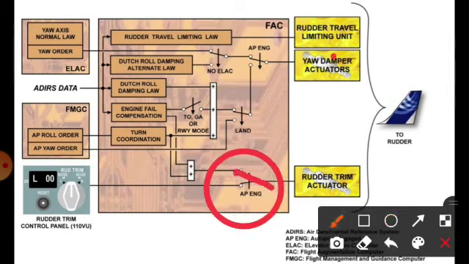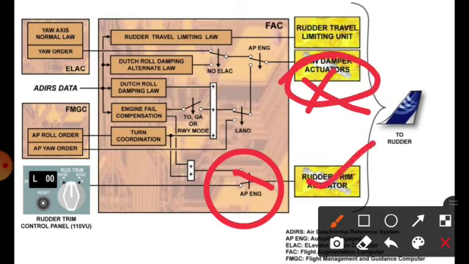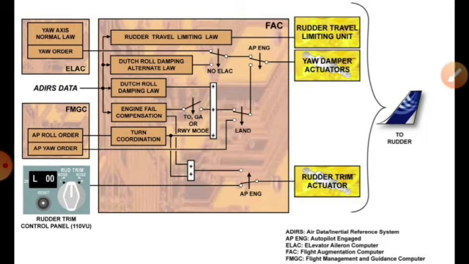So rudder trim actuation, when a small movement is necessary or a large movement is not necessary, when the yaw dampers are not necessary to use, with the help of the trim actuator we use this to make light movement of the rudder.